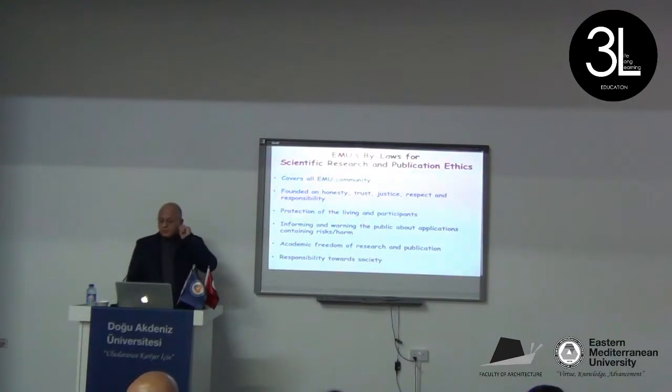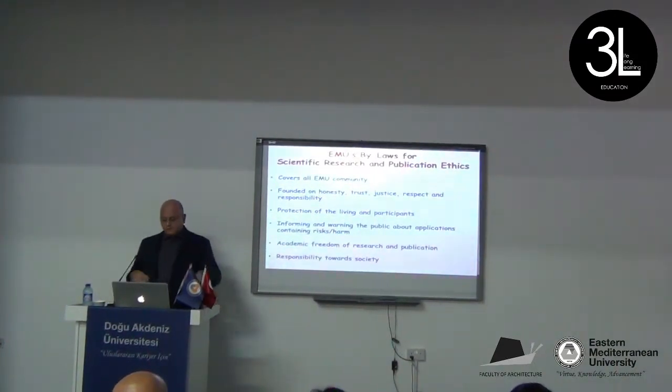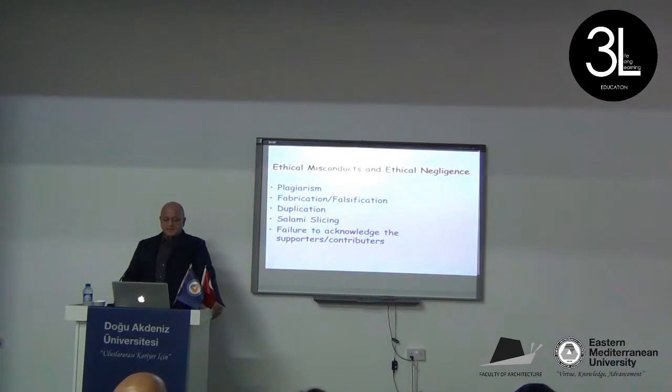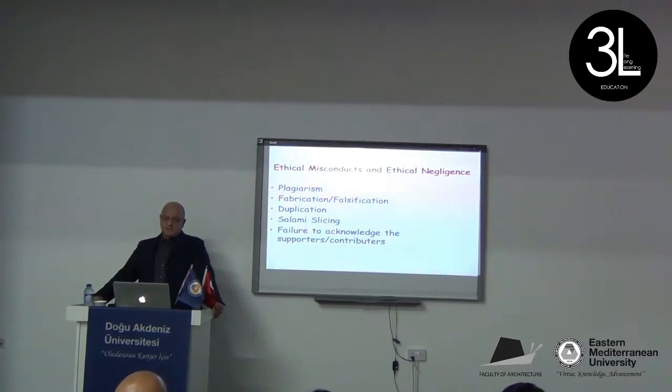Now I'm going to move on to the most important part regarding ethical misconduct, which is of interest to everybody, and ethical negligence. There are some keywords that I will list here, and then I will give you short explanations of these keywords, which will in a way clarify today's talk. So plagiarism is the number one ethical misconduct and ethical negligence that the commissions look for in applications.